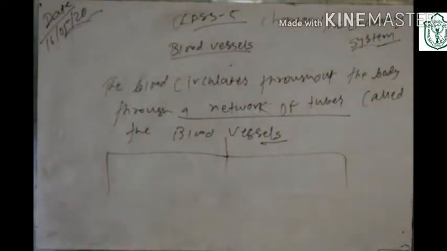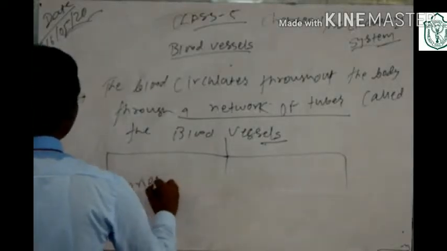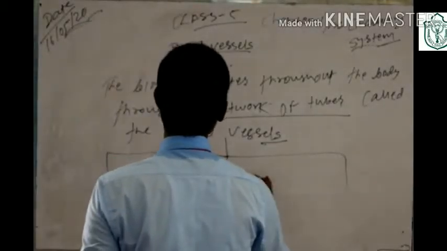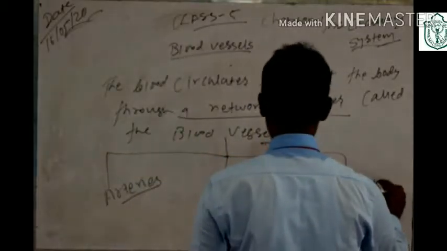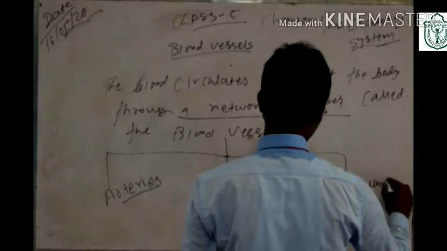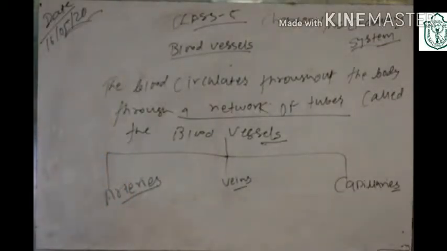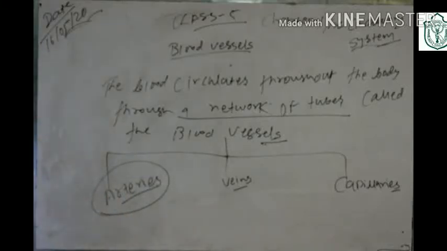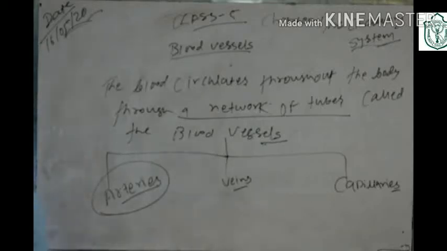And the blood vessels are divided into three parts. First we study arteries. Number second we study veins, and at last we will study the capillaries. So now we are going to discuss arteries.